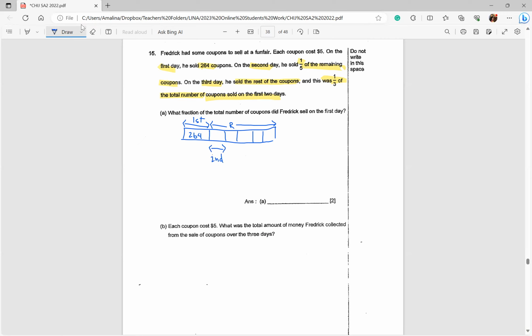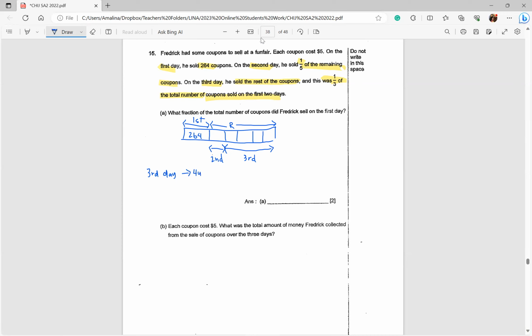And then for the third day, he sold the rest, so the rest of the coupons is for my third day. So you should have something like this for your model, to understand the question better. If I look at the third day, this third day here is 4 units.